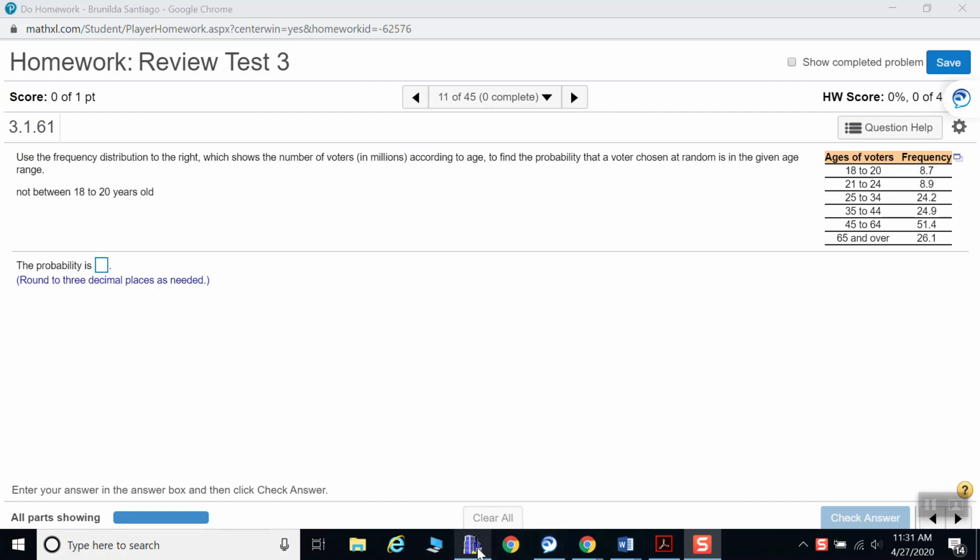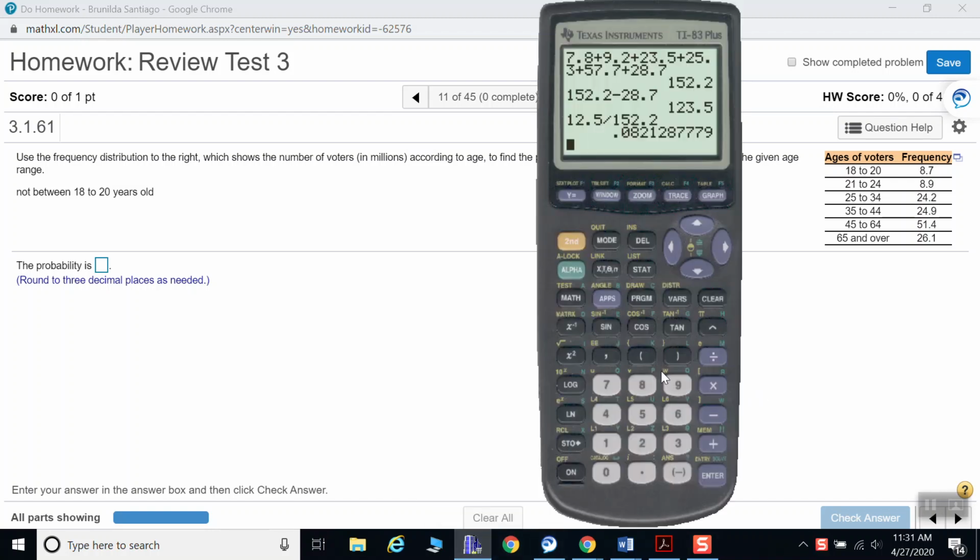So we need to find the numerator and we need to find the denominator. It's good to know the sum of all the frequencies that were given, in this case in millions of dollars, the amount of voters based on their ages. So we will be adding the frequencies and that will be the denominator.